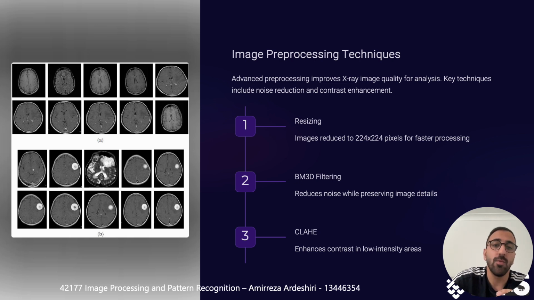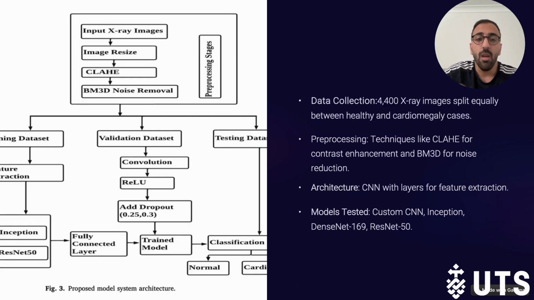Finally, they use CLAHE, or contrast limited adaptive histogram equalization, to enhance contrast in low intensity areas, making features more distinguishable for the model. The data set here consists of 4,400 chest X-ray images split equally between healthy and cardiomegaly cases.